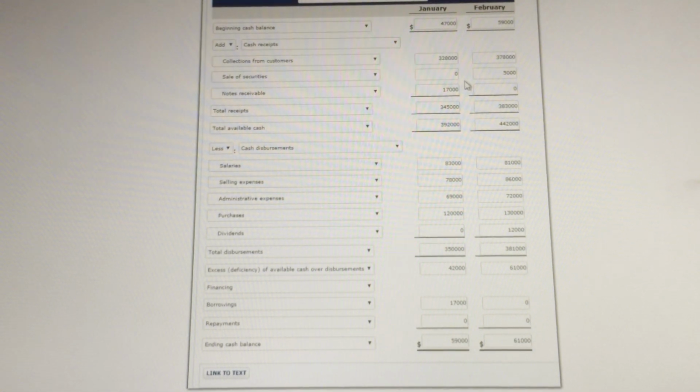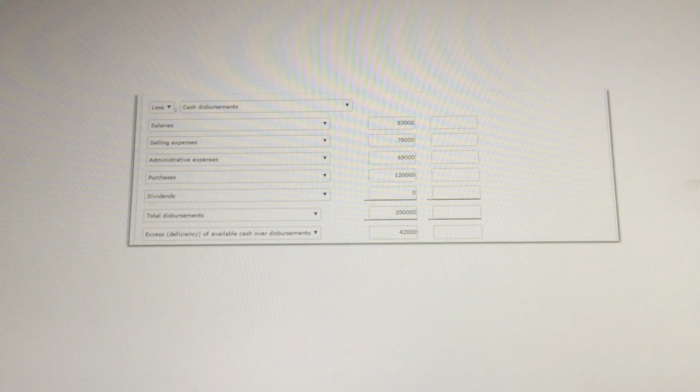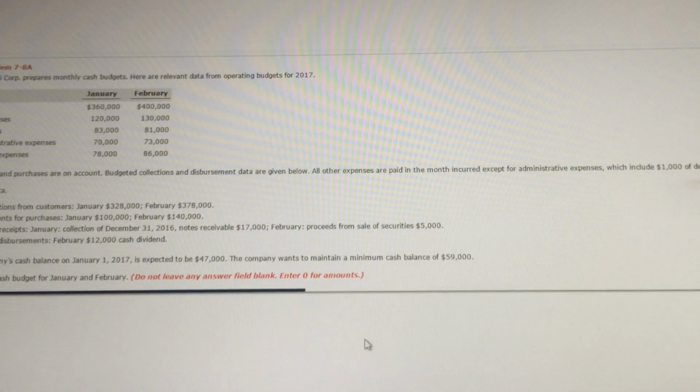I went through and plugged in the information, and on the administrative expense I took off the $1,000, and I thought, yay, I got this right. See the $61,000, I thought, yeah, I got this, and it was wrong. The reason it was wrong was that I did not do this part properly.